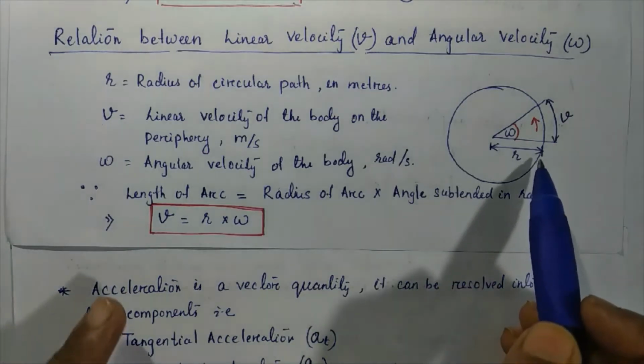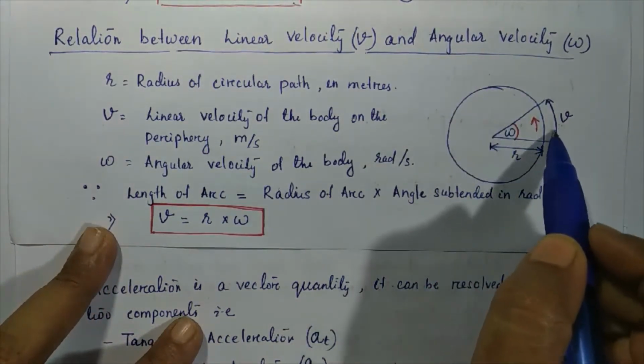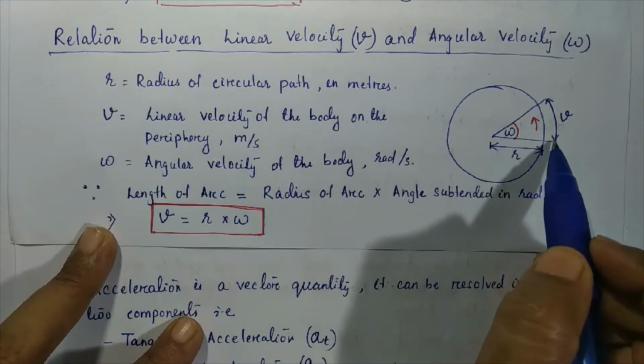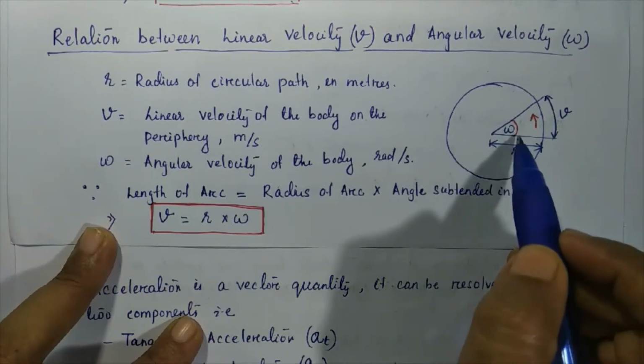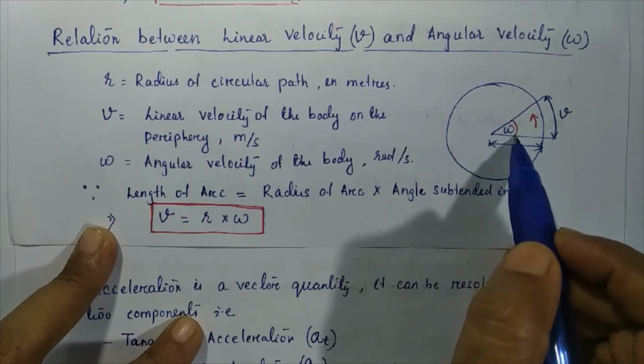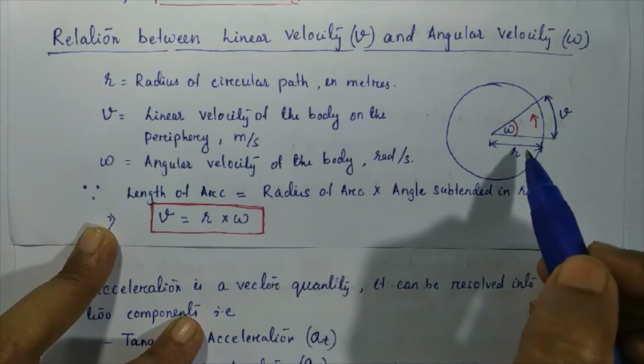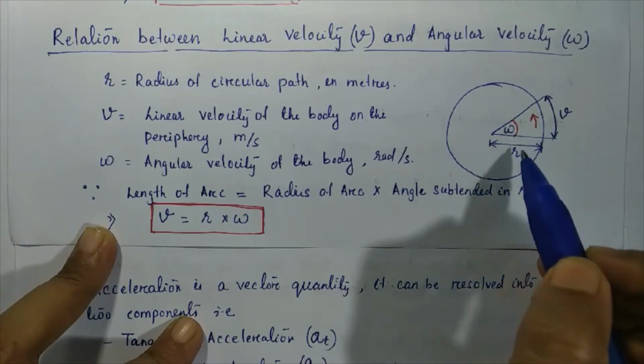Here we consider this is the periphery of the circular path. This is the linear distance covered by the body, and this is the angular distance measured by the body. So here we consider the relation between v, omega and r.